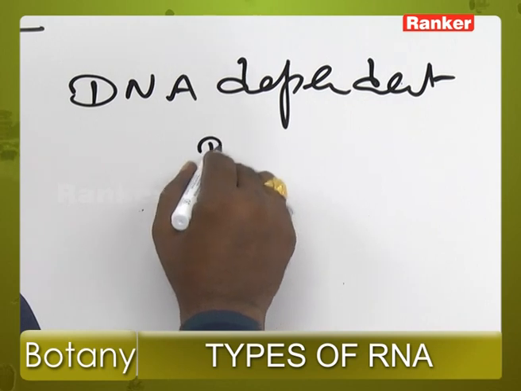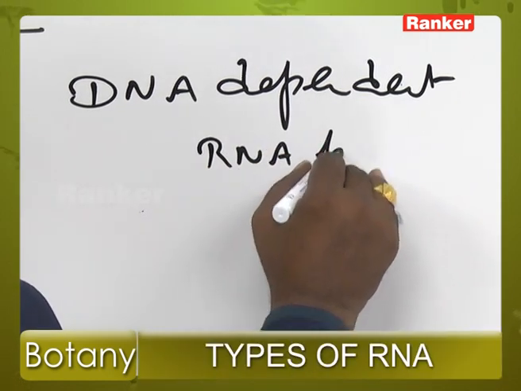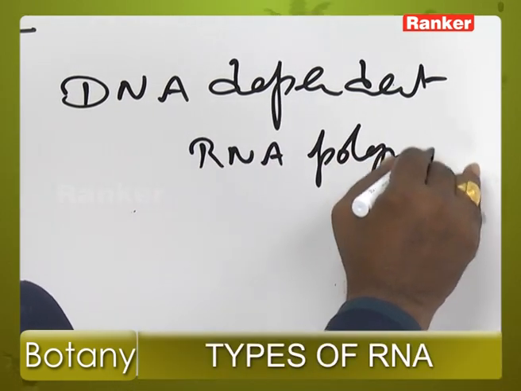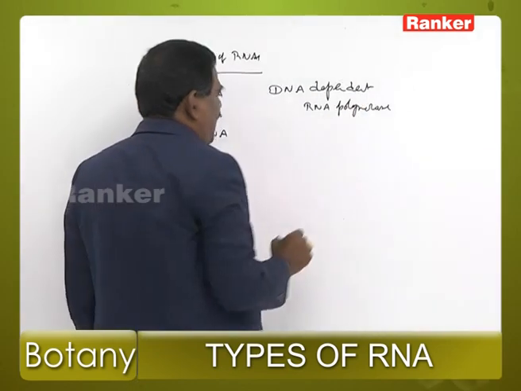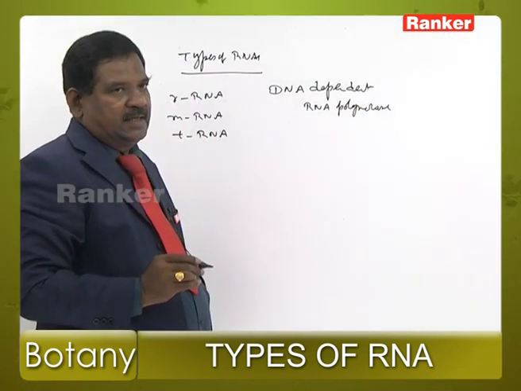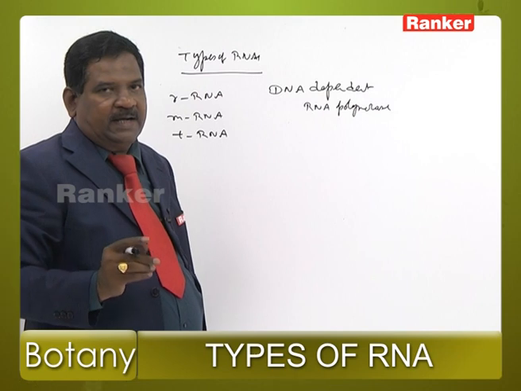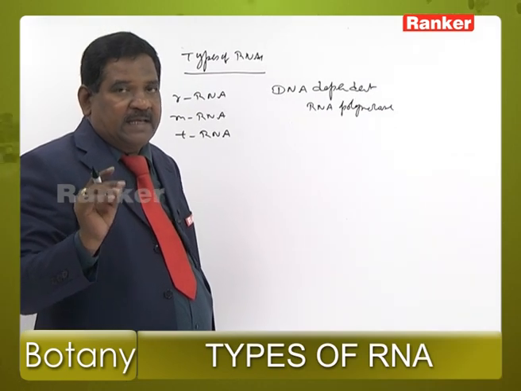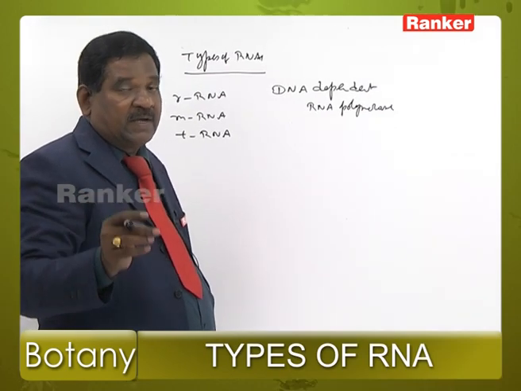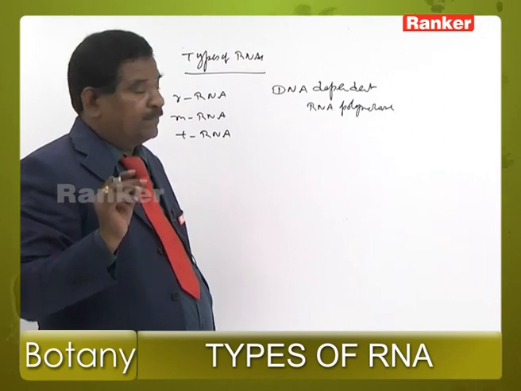DNA dependent RNA polymerase is essential for the formation of any type of RNA.